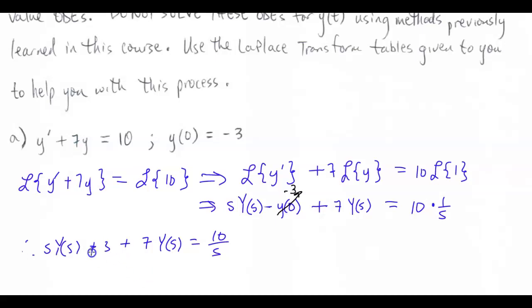And so our goal now is to get all terms with big Y of s on one side, everything else on the other. So I'll have s Y of s plus 7 Y of s, big Y of s, and that's going to equal 10 over s minus 3, because this 3 needs to be taken away from this side, so we subtract it from both sides.